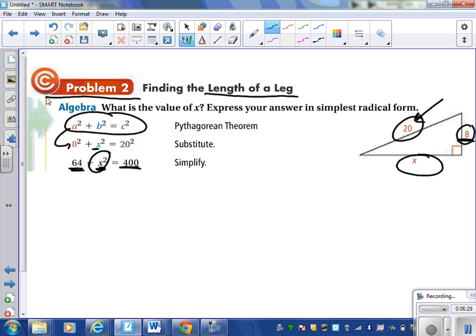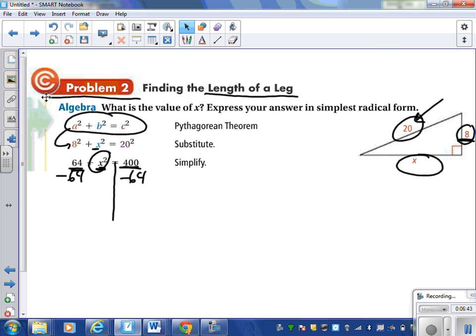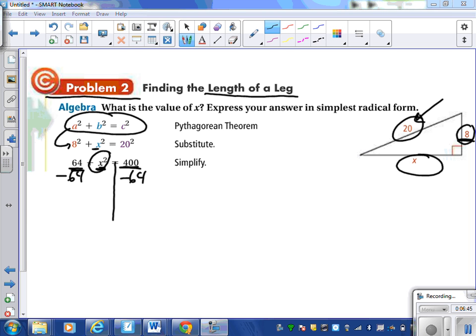What do I want to do to both sides to get x squared by itself? The opposite of 64 would be minus 64 to both sides. And when we subtract those two, that cancels out. We're left with x squared, and on the other side, we're left with 336.